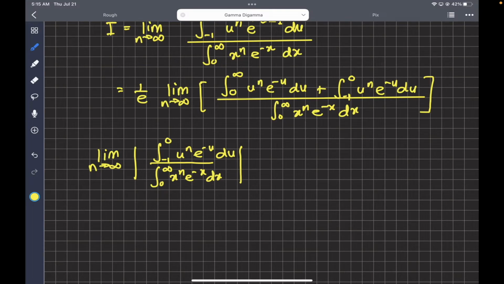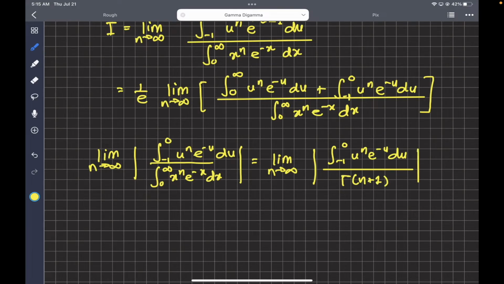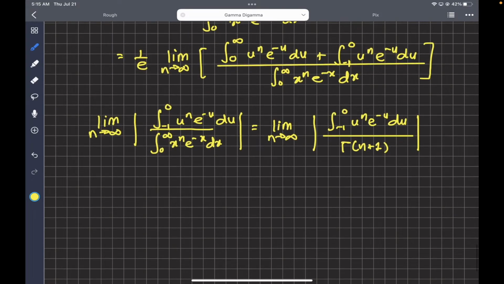Well, the denominator is actually gamma of n plus 1 if you observe closely enough. So there, at least we're getting rid of some integrals.